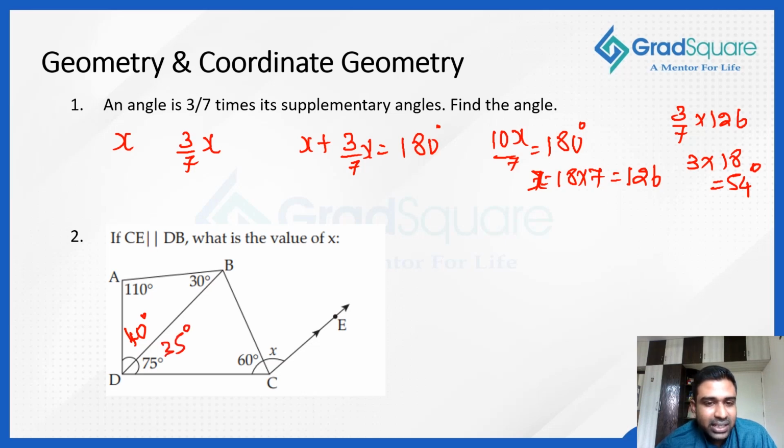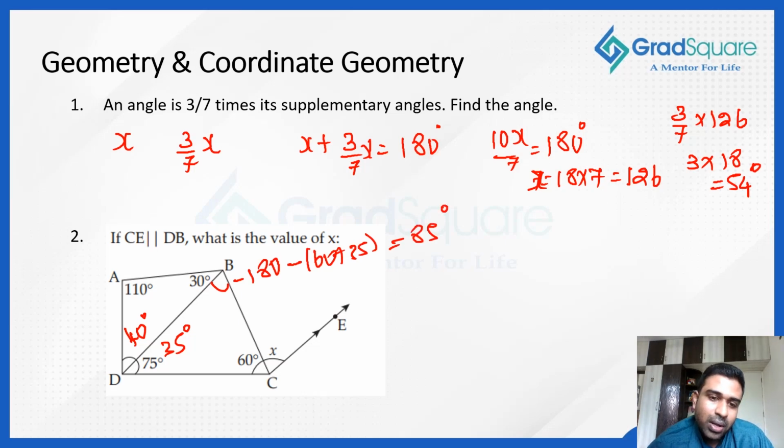And then the next triangle, triangle BDC, sum of the angles is equal to 180 degree again. Already we have a 95 degree here. So this angle will be 180 minus 60 plus 35, which is equal to 85 degree.